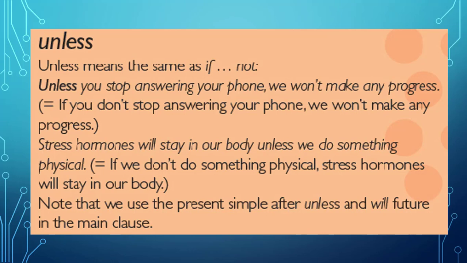And I want you to note that we use the present simple after unless and will to refer to the future in the main clause. And a very important point here is that you can use unless in the first conditional, second and third, okay, not the first one only.